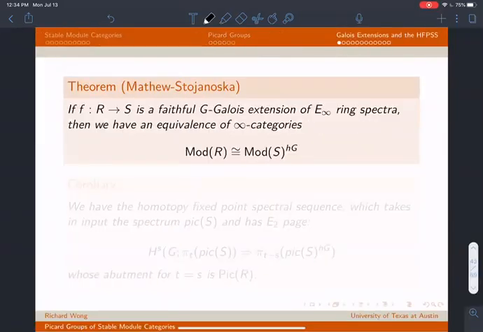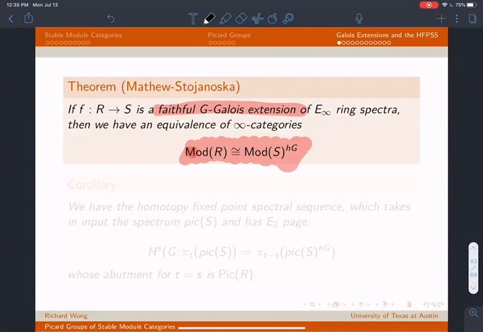The reason to motivate why we would consider Galois extensions of ring spectra is that if we have a Galois extension that's also faithful, then we get this equivalence of categories between R modules and S modules with this induced G action, and you take the homotopy fixed points.